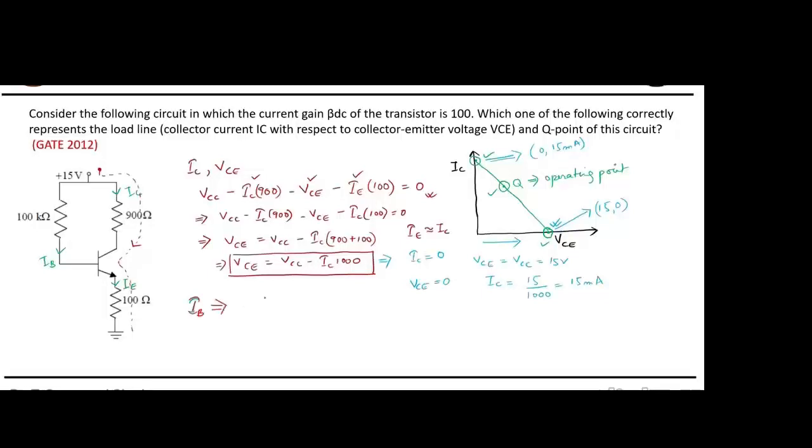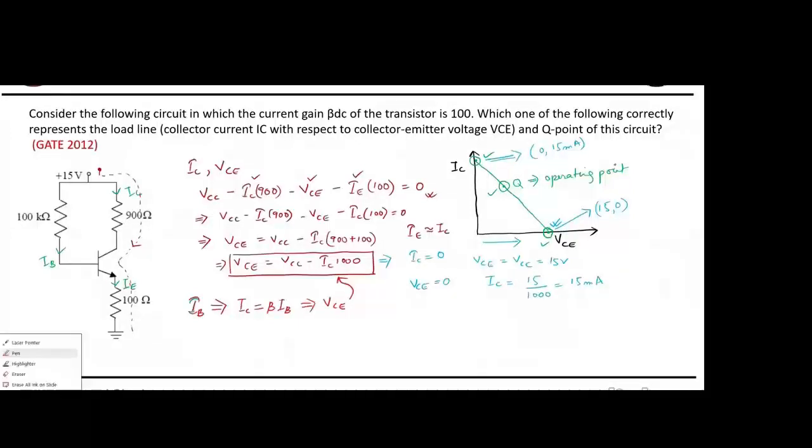After finding out IB, you find IC by using the formula beta times IB, and using this IC you find out VCE. This is the process, right? Shall I rephrase it again? For finding out the Q point, first you have to find IB. Then using IB, you find IC. Then using IC, you find VCE using this formula.